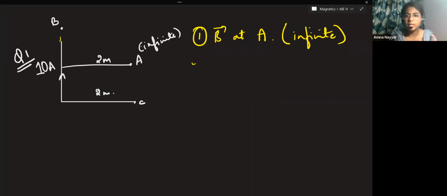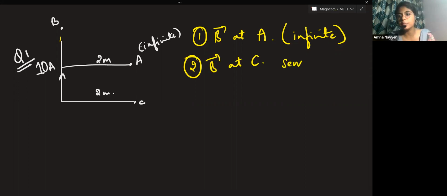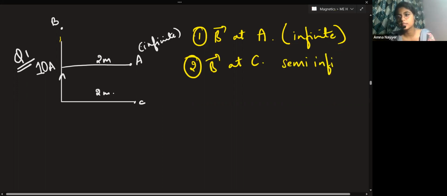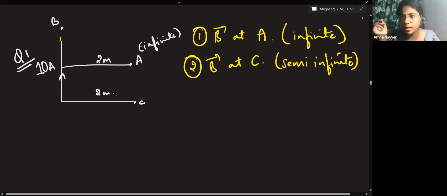Second part of this question involves the magnetic field at C point. Now C point is semi-infinite. So semi-infinite means what?